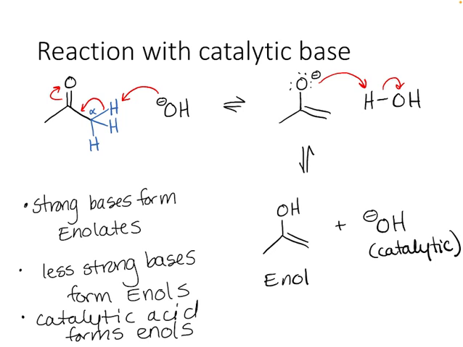So let's talk about equilibrium, because remember, when we're talking about a ketone and its tautomer, the enol, the ketone is typically favored, right? So let's just draw a ketone here.